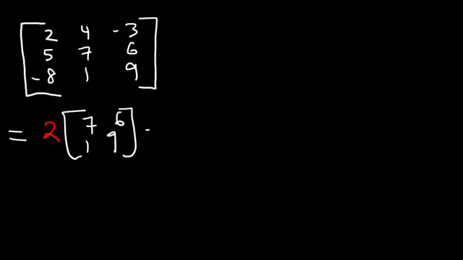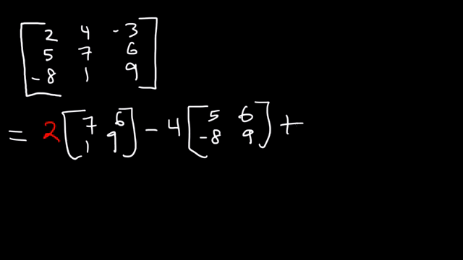And then minus. Now we're going to use the 4. And we're going to get rid of row 1, column 2. So we're going to have 5, negative 8, and 6, 9. So it's a minus 4, and then 5, negative 8, 6, 9. Now the next number that we have is negative 3.